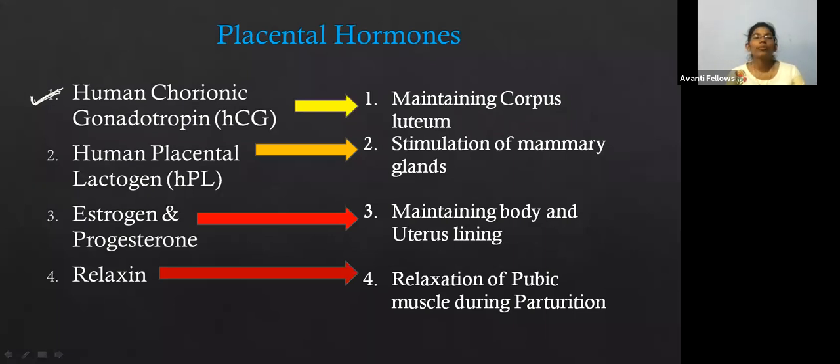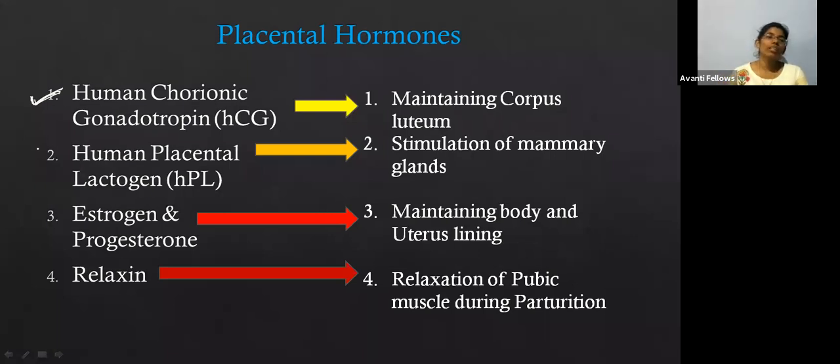What is the function of HCG, or human chorionic gonadotrophin, as I have told you already? Yes, it takes over the function of luteinizing hormone, which means the luteinizing hormone maintains the corpus luteum, right? So this human chorionic gonadotrophin, which is also produced by the placenta, is going to maintain the corpus luteum.